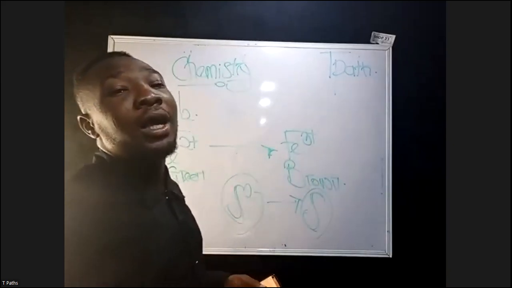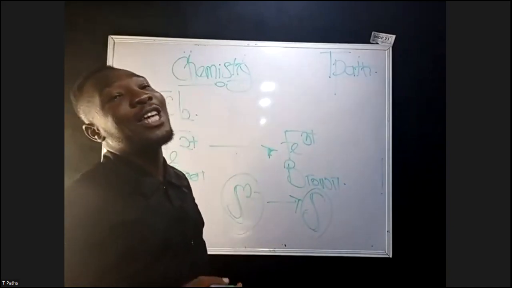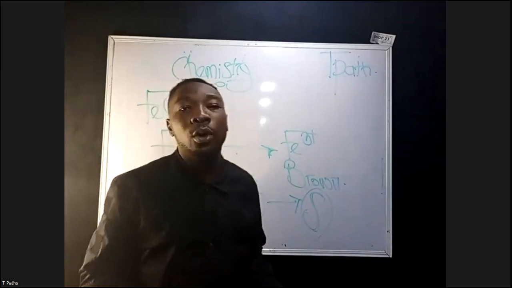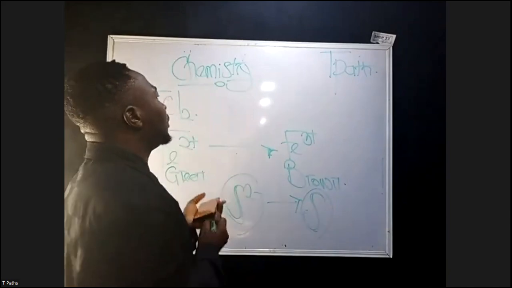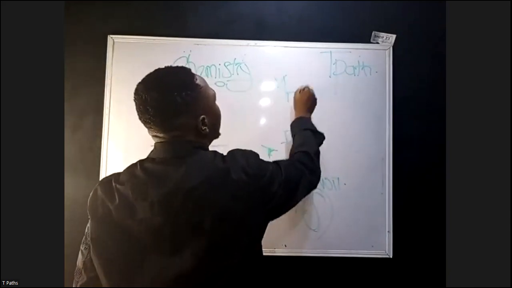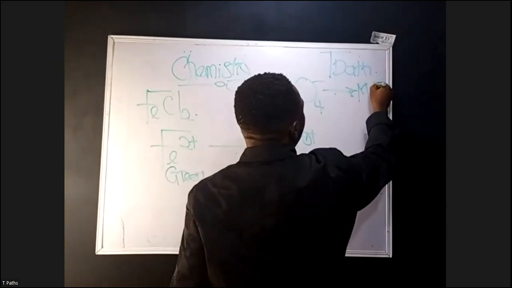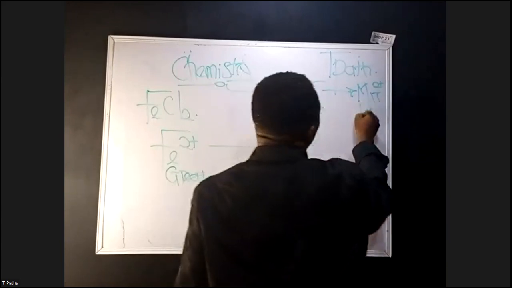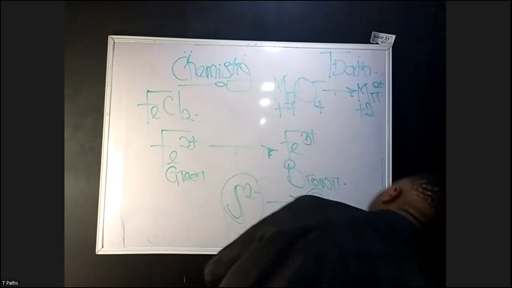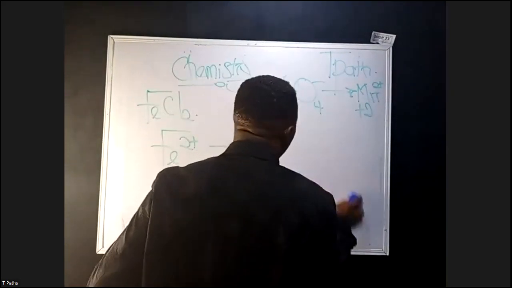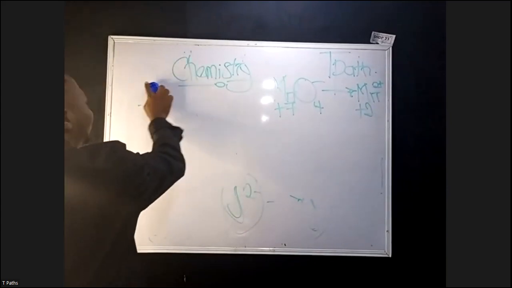Very, very popular question. The test for a reducing agent is the use of KMnO4. You carry your solution of KMnO4, you pass your reducing agent into the KMnO4, and what happens? MnO4- goes to Mn2+. This is from +7 to +2. And we observe that the purple color of MnO4- is decolorized to colorless.